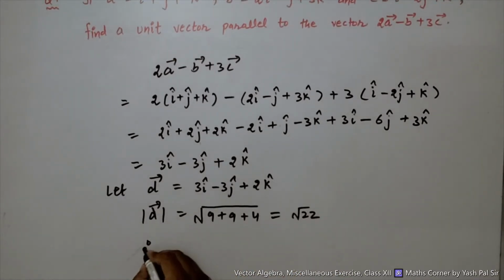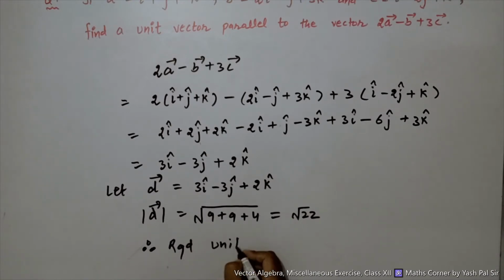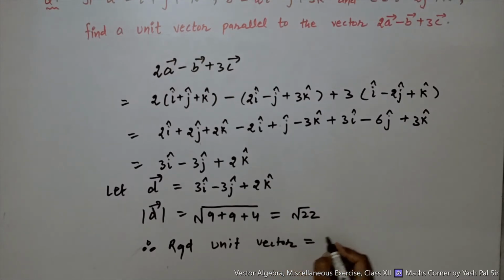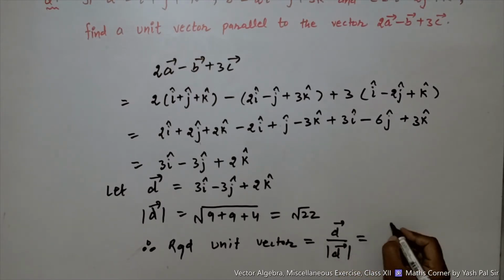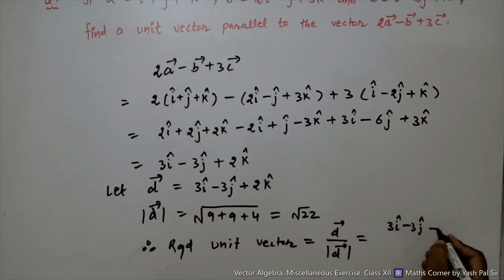So the required unit vector is equal to vector d divided by magnitude of vector d, which is equal to 3i minus 3j plus 2k divided by square root of 22.